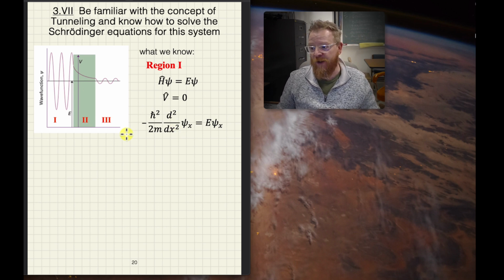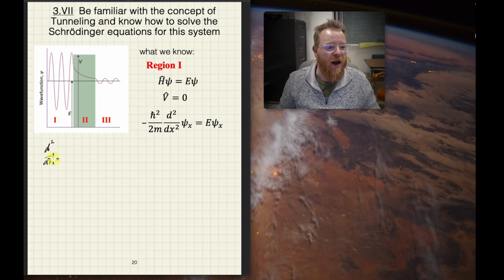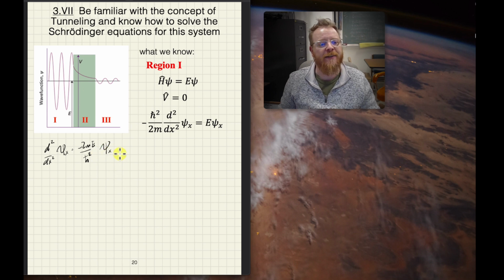So I can rearrange my Schrödinger's equation to allow me to set up the ansatz solution. So we can say the second derivative of psi is equal to negative 2mE over h bar squared, all times psi of x. We rearrange that into the reduced form, right?